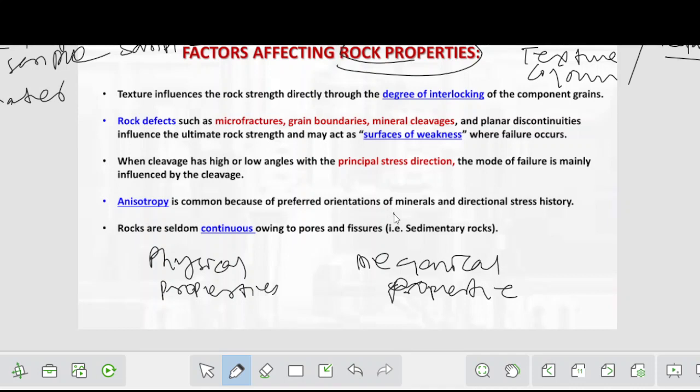Sir, I think mechanical properties are related to mechanics, like physics and mechanics. What is an example?